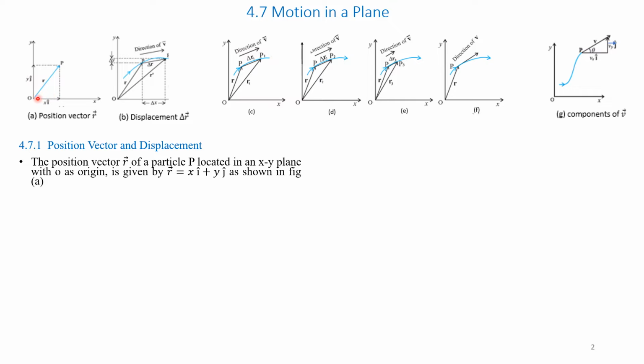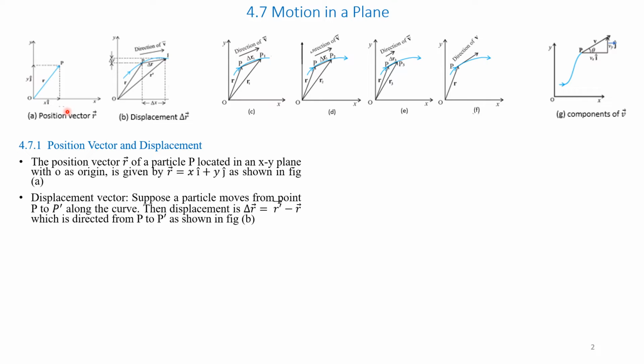Please see the figure. Here O is the origin, P is the particle. So the line joining O and P, OP, is represented by a position vector r and its coordinates are xi and yj. Hence r equals xi plus yj.